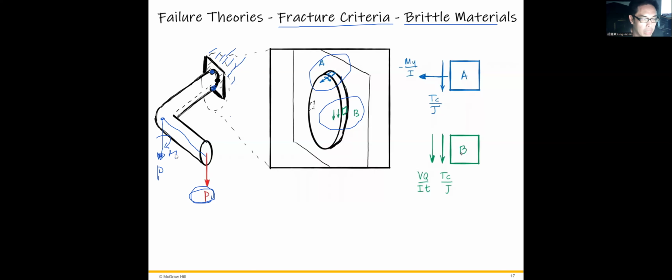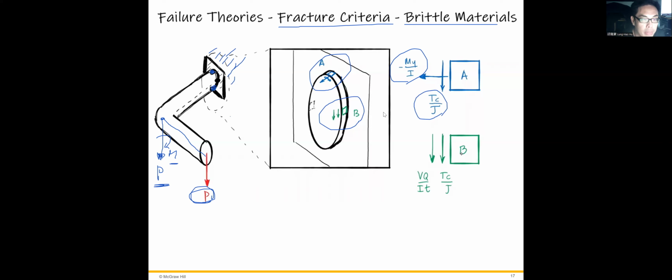Let's focus on point A, an infinitesimal element. The force P will produce bending stress at point A, and the moment M, which is a torque, produces torsional stress at point A.